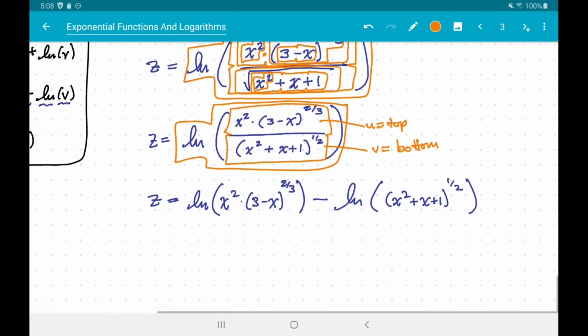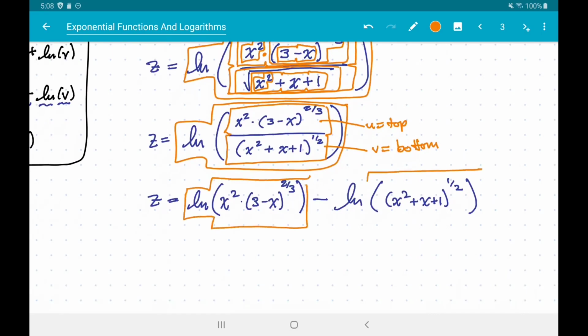Now we've got two places where the logarithm is applied to something. Let's focus on the left part first. What is the outermost operation in all of that stuff? It's this multiplication.